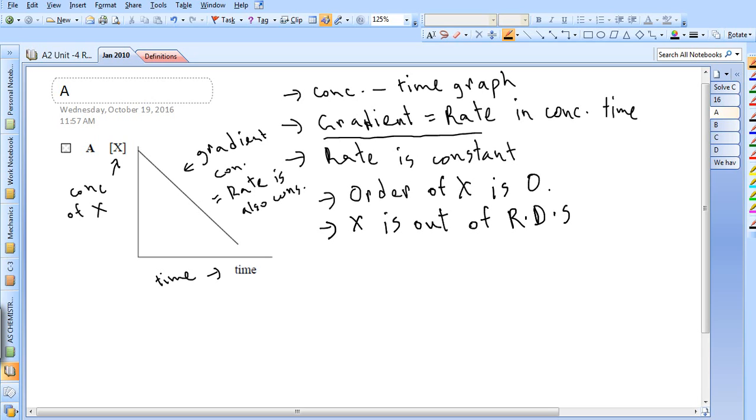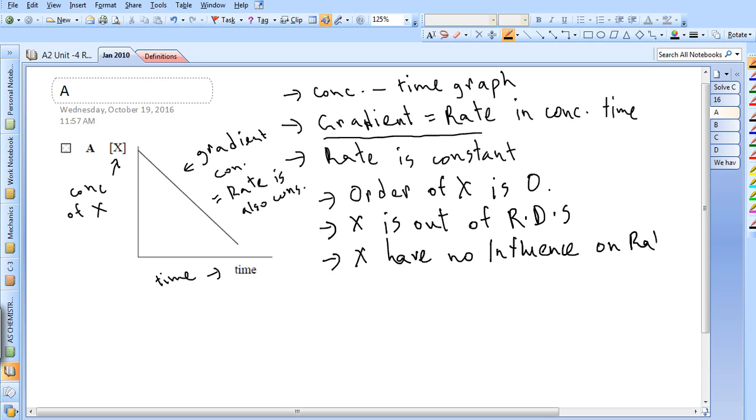Since we know from the definition that order simply means the number of particles involved up to and including the RDS, and since the order of reaction is 0 because the rate is constant, the order of X will be 0. So X is out of RDS, we know from the definition. And we also know that X has no influence on rate.